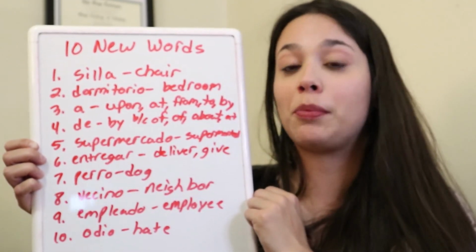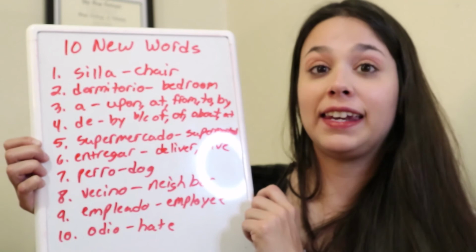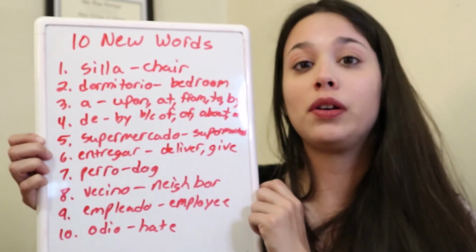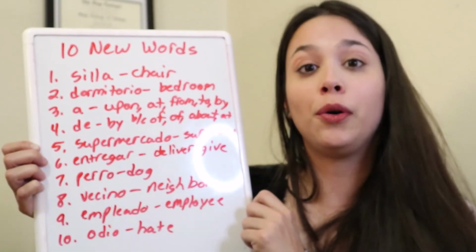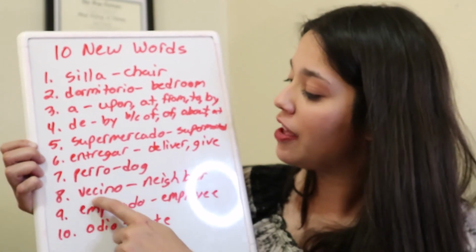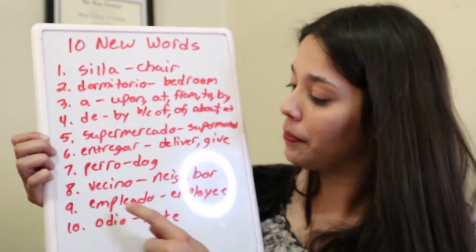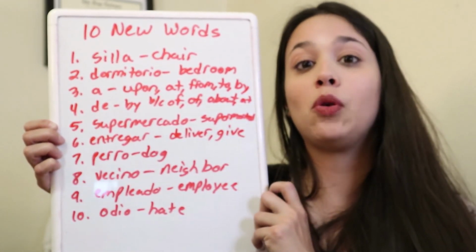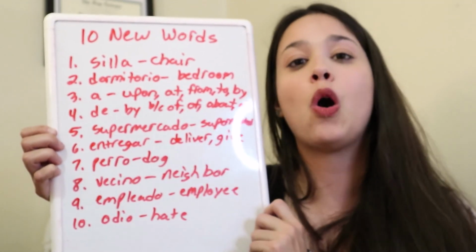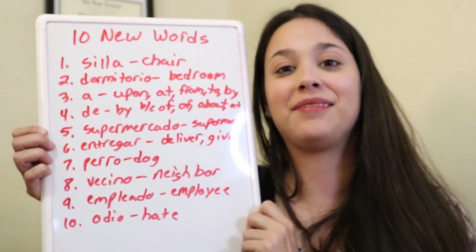Supermercado, which is supermarket. Entregar, which means to deliver or give. Perro, which means dog. Vecino, neighbor. Empleado, employee. And finally our last one, odio, which means hate.